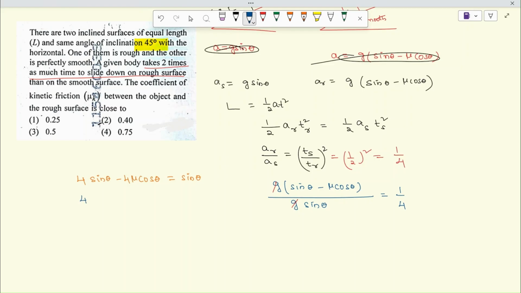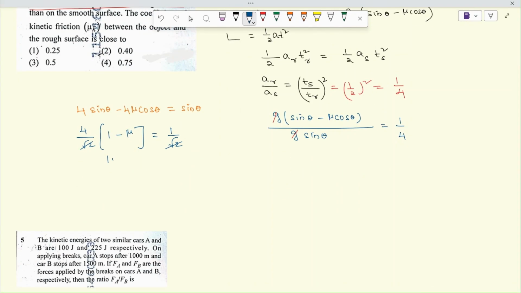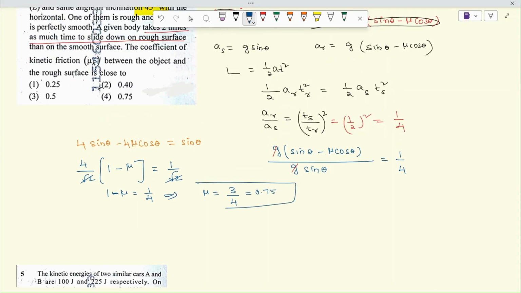So I'm taking 4 by root 2 common here. 1 minus mu will be remaining is equal to, on the right side, sin theta is 1 by root 2. Now cancel root 2, root 2. 4 into 1 minus mu is equal to 1. So 1 minus mu is equal to 1 by 4, which means mu is equal to 3 by 4, which is 0.75. So answer is this.